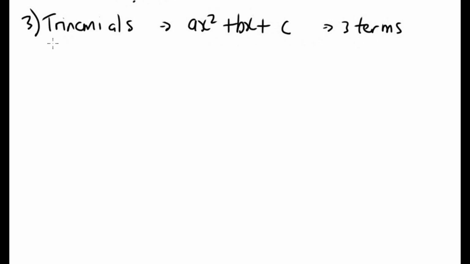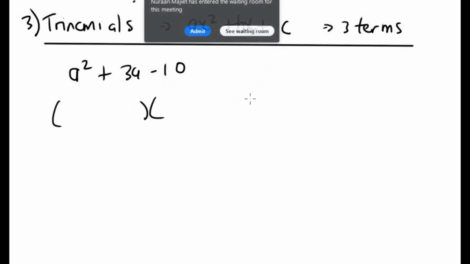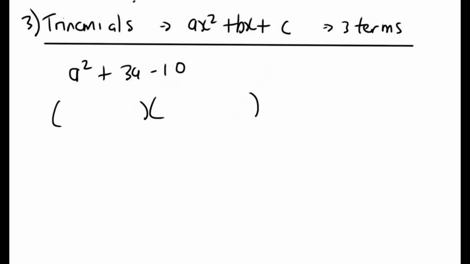Okay, so that's trinomials. So if we have a look at an example here, if we've got a squared plus 3a minus 10, remember what we do in this case is we're going to first take out, we're going to have our brackets, and then what we then have is we've got c and b.